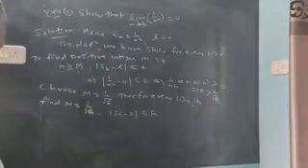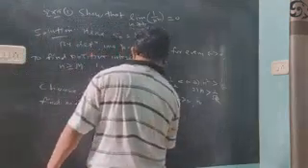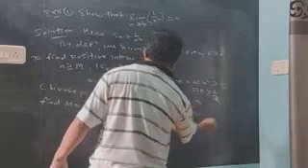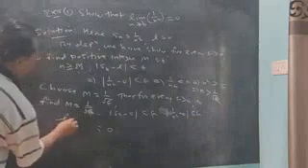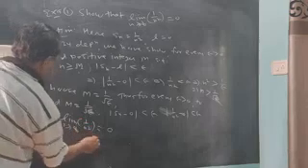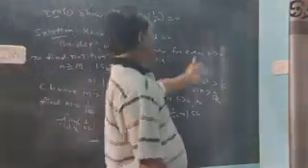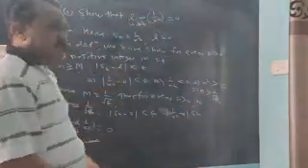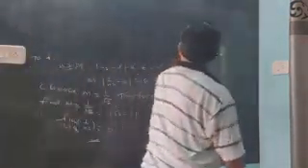Therefore, 0 is the limit of that sequence. So only here we have to find the m value. This is a small example, 2 marks maybe.